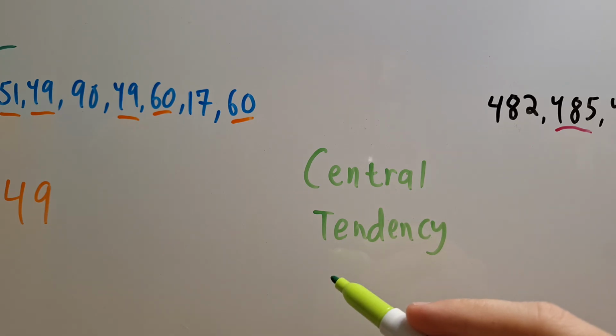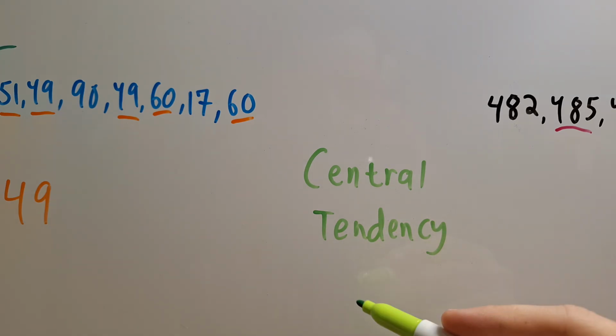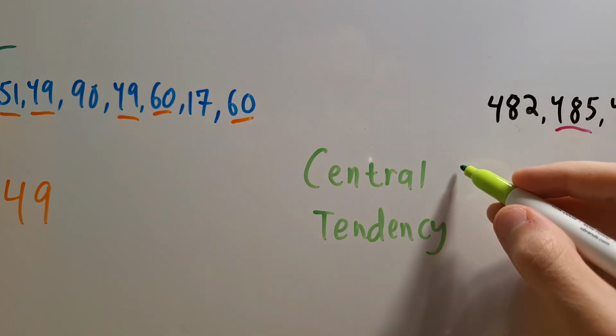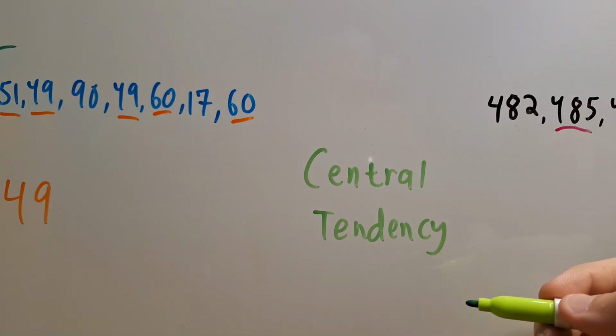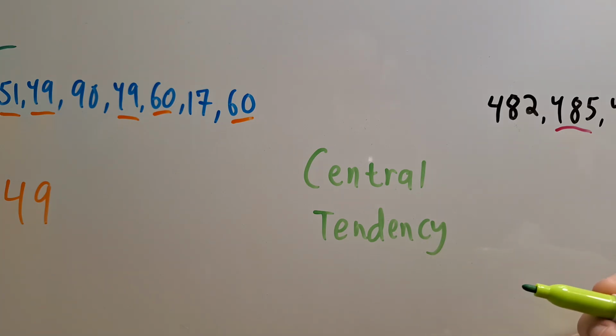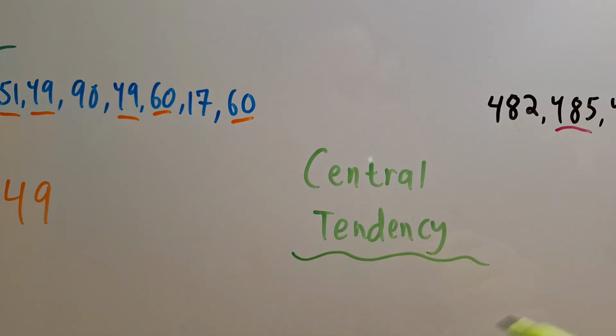Whenever you're asked to find measures of central tendency, you are being asked to find the mean, the median, and the mode. So what's the average, what number falls in the middle, and what number appears the most often, or which numbers appear the most often. Because again, you could have more than one mode. It's not very common, but it can happen.